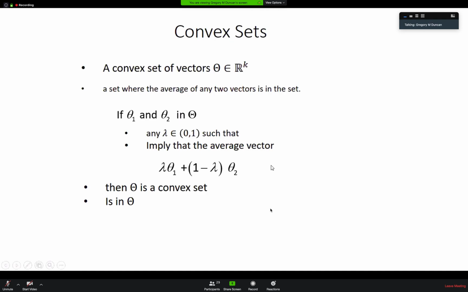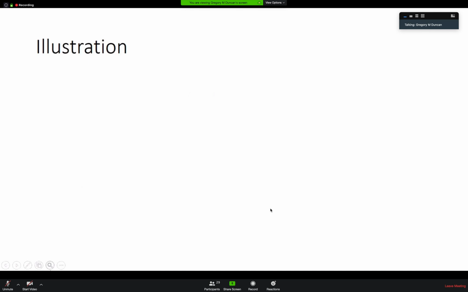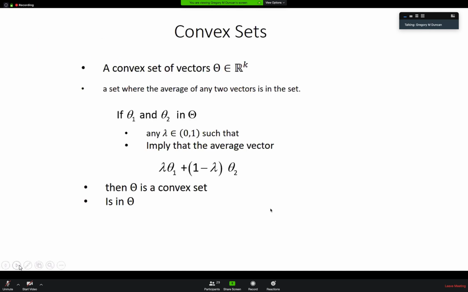Let's see if I can do it this way. I might have a y1, x1, and I have a y2, x2, okay?